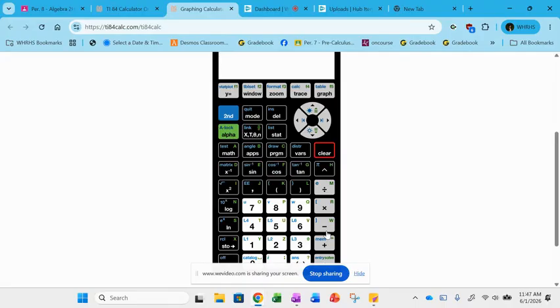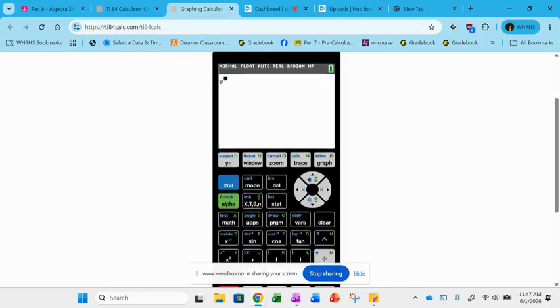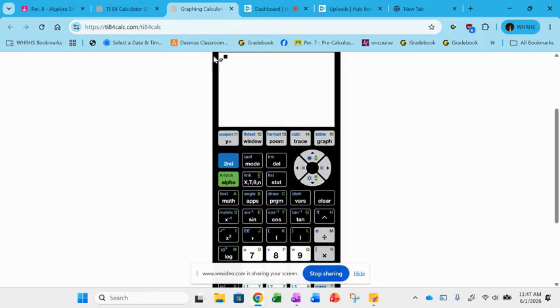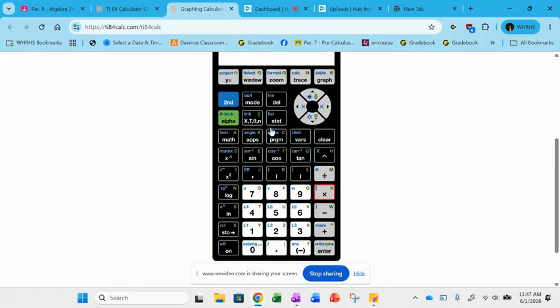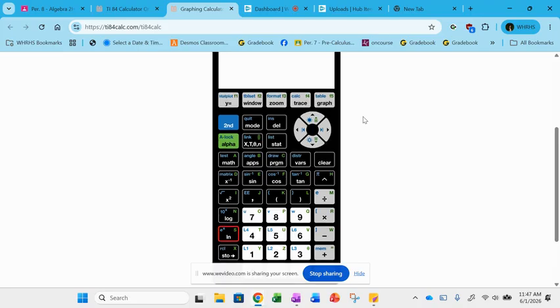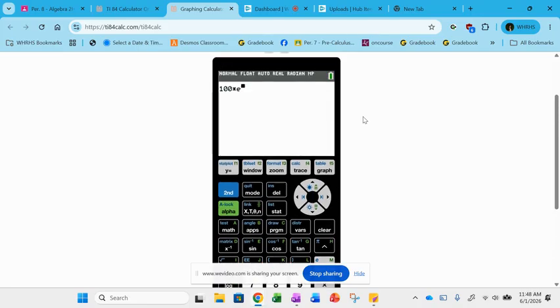So anything that's written in blue, you get by pressing that blue second button. Oh, sorry, what did I forget? Times the 100. We'll do 100 times second e raised to the 0.07 times 20.